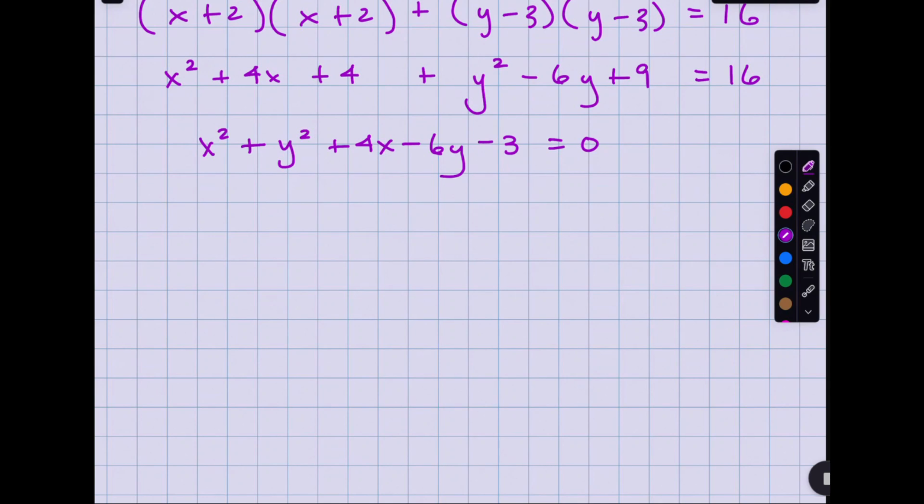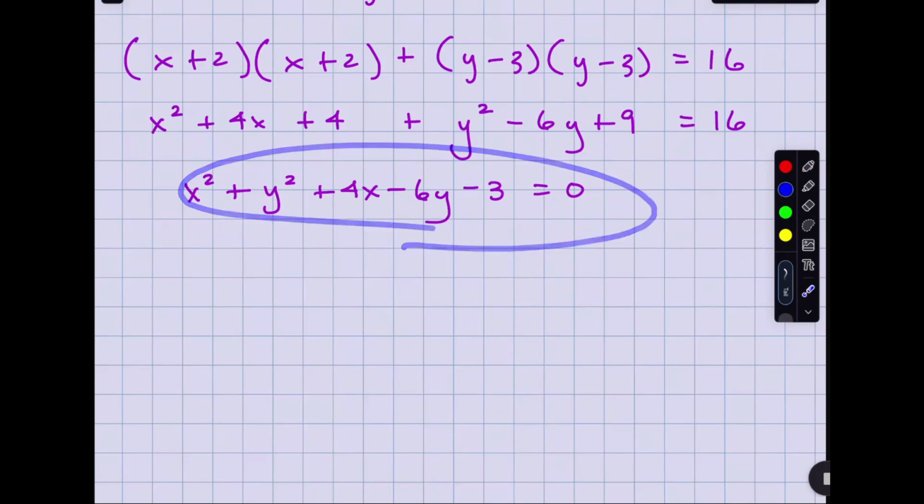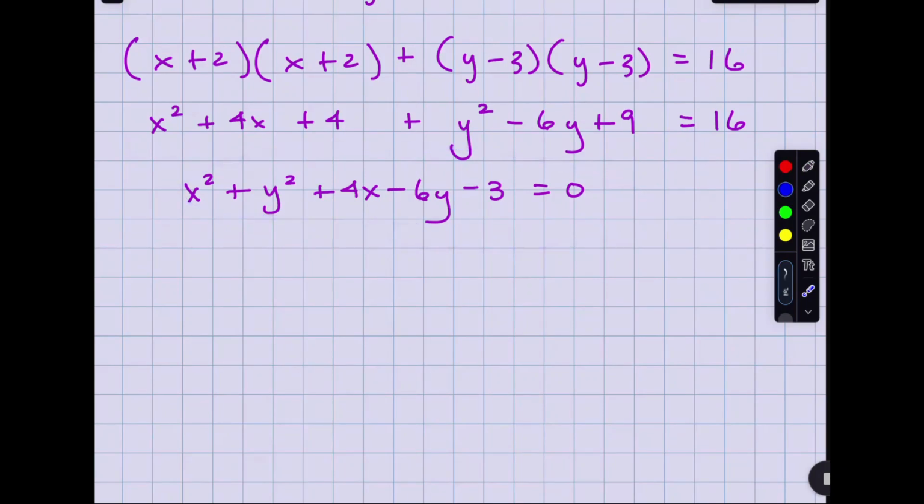So really, what we're going to start seeing is that we're going to be given the general form, just like number 6 and 7 on your lab work, and we need to convert it to the standard form. Does that make sense? So this form right here is useless. It doesn't give me the center, it doesn't give me the radius.